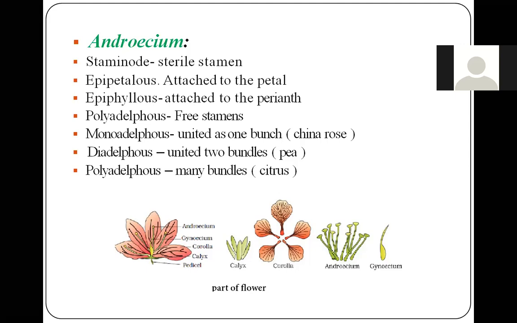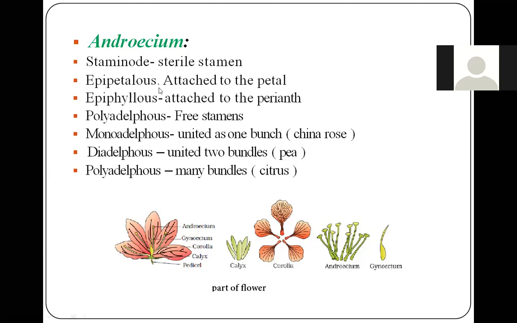Now, as it does not contain pollen grains, which carry the male gametes, if the androecium is staminode, the particular stamen does not have the ability to bear pollen grains or form the male gametes, right? So it is said to be staminode. Sterile means it is not able to carry out the reproductive part.